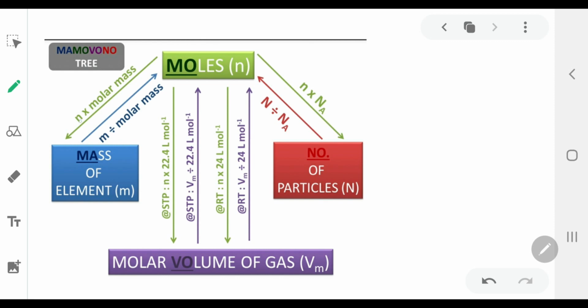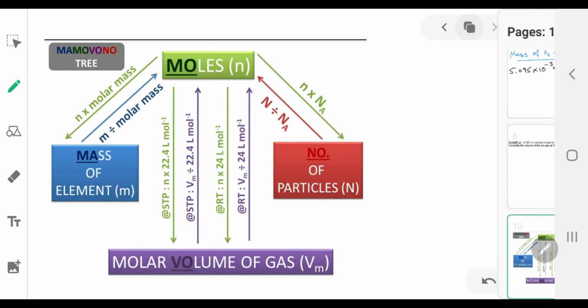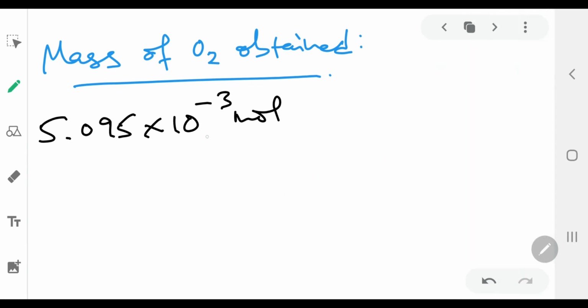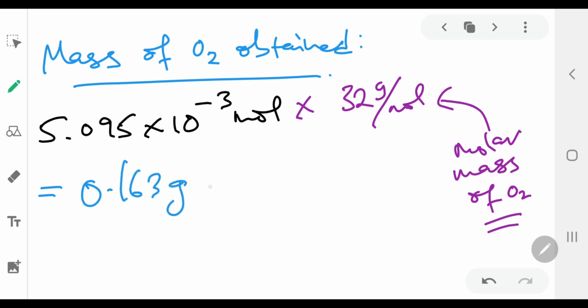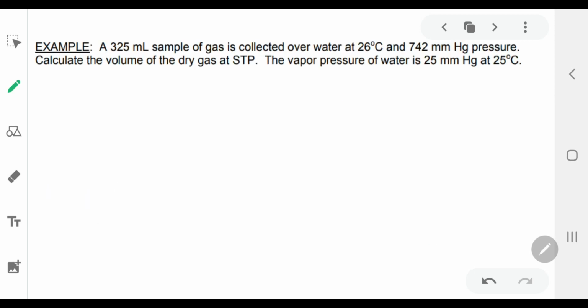To get to mass, you have to times with molar mass. Okay, so that is the molar mass of oxygen. So when you times with that one, you should be able to get 0.163 grams of oxygen.